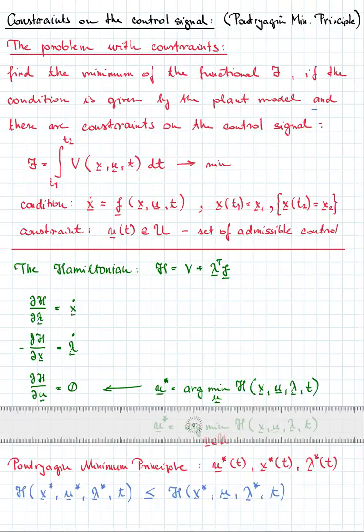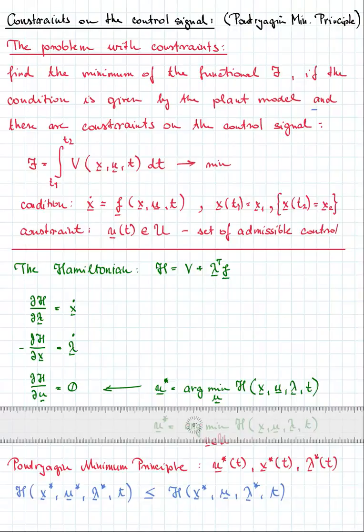If we work on minimizing the Hamiltonian function H according to u, and u has no constraint, and we solve this minimization problem somehow, we can get u star. So we minimize H and we pull out the solution of u.